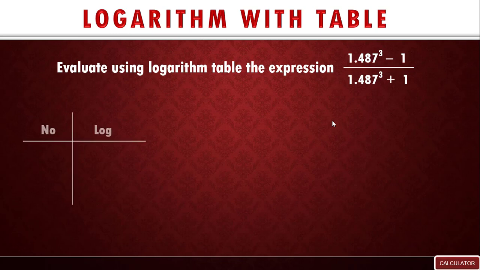Draw your number log and then put in the number 1.487. So the question you need to ask yourself is this number, is it less than 1 or greater than 1? Well, this number that we have here is greater than 1, so that means we can use our calculator to determine the log directly. So let's do that.